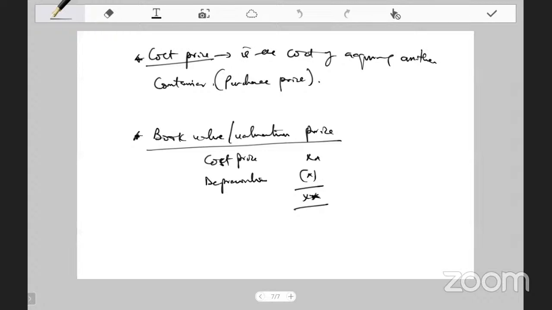Now, what do you call book value? We said that this is the value at which each container is recorded in the statement of financial position, which you also call the balance sheet.